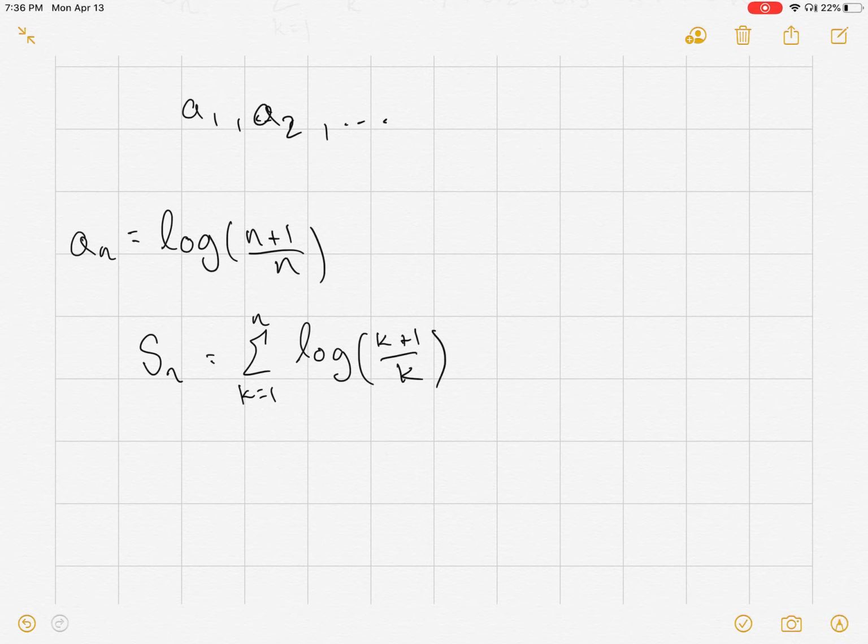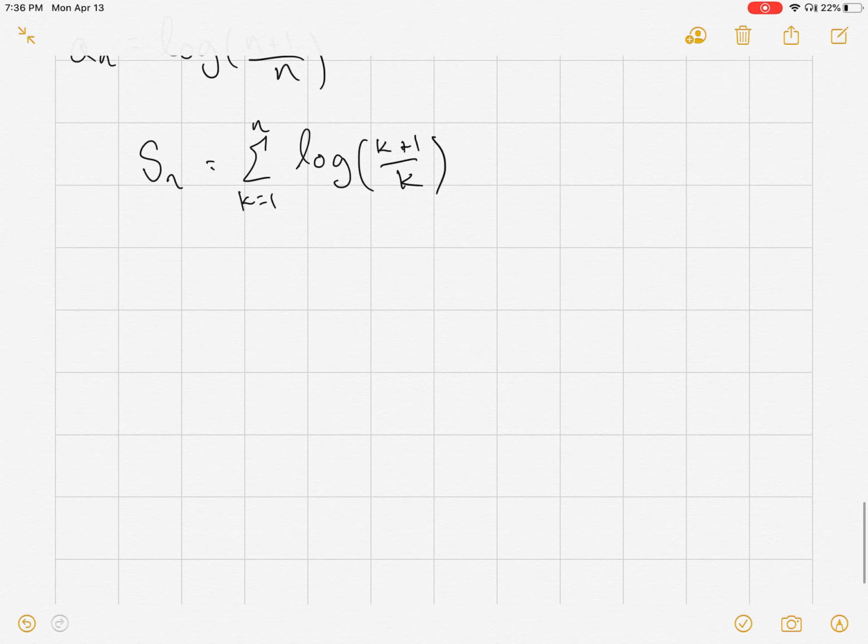And what I'm going to do is we're going to start off by just listing all of our terms of our sequence from A1 all the way up to AN, right? So our A1, actually, let me simplify it really quick up here.